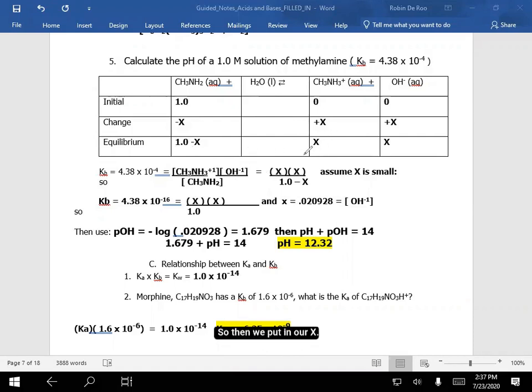So then we put in our x, our 1 minus x, and then we will assume this x is small. So that will simplify the equation. And then we will get this. I don't know what the heck happened. Let me fix that.